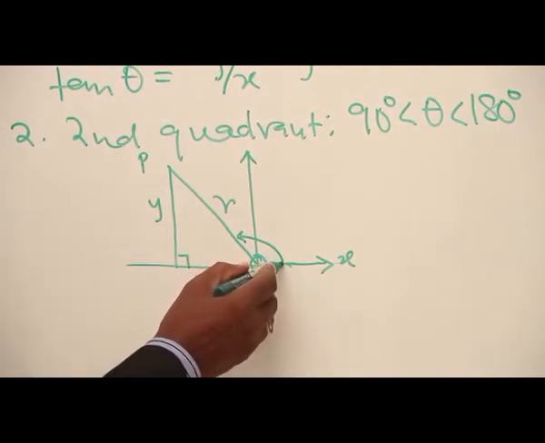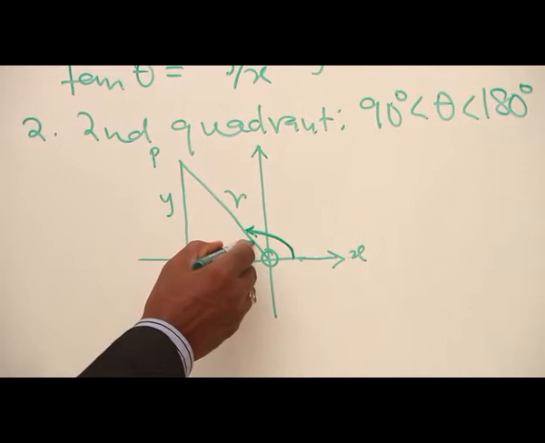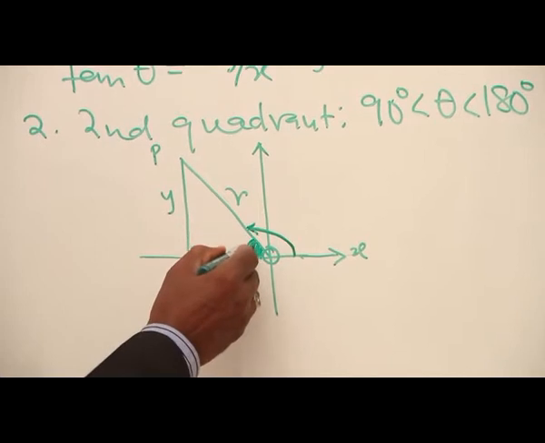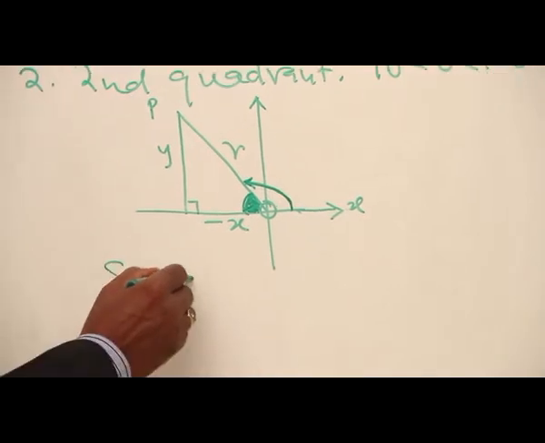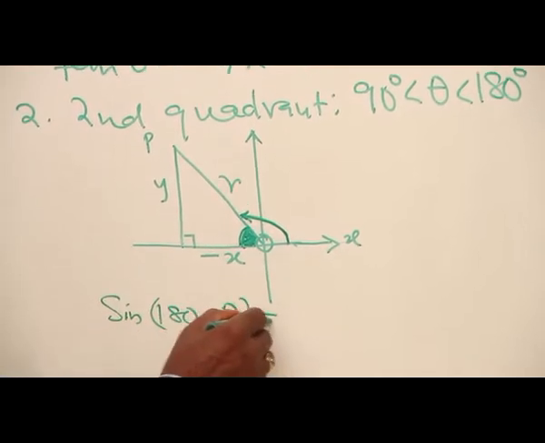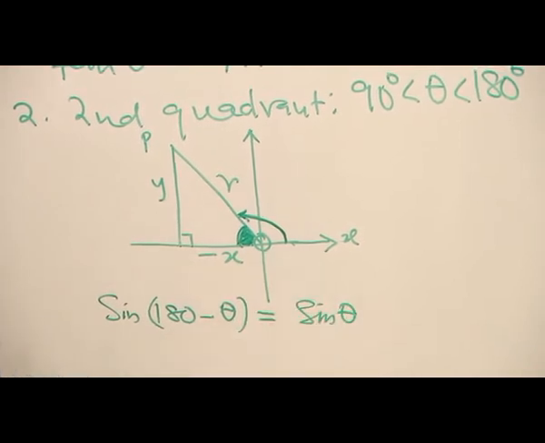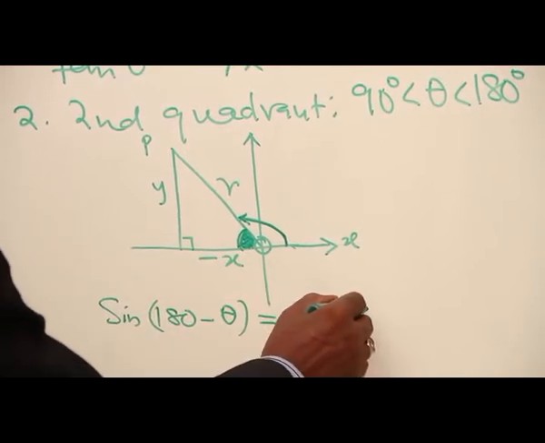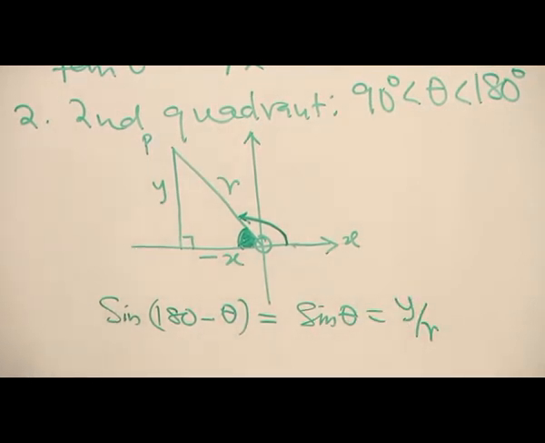In this case, our angle has rotated, and now we want to consider the acute equivalent of this, and that is to say our sine of 180 minus theta is equal to our sin theta. And at this point, this is equal to your y all over r, and this is positive.